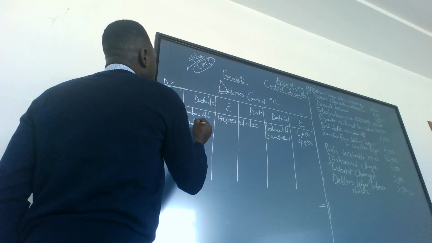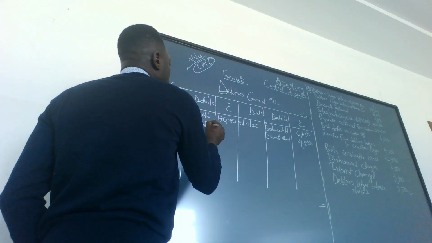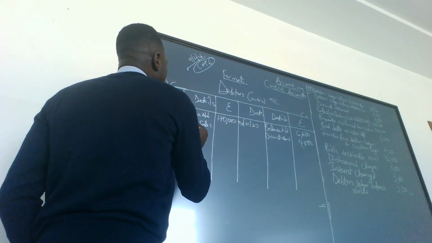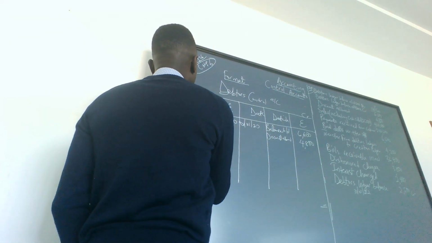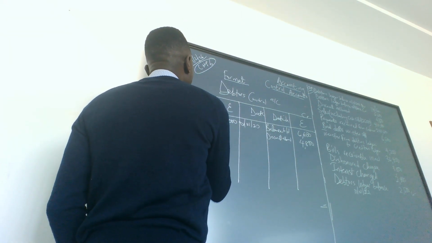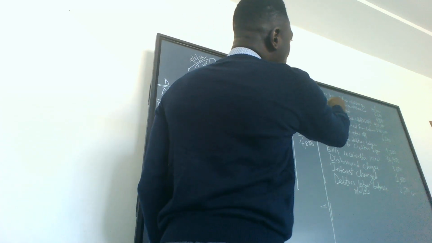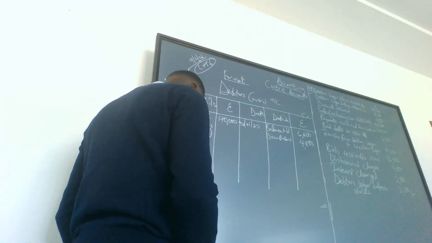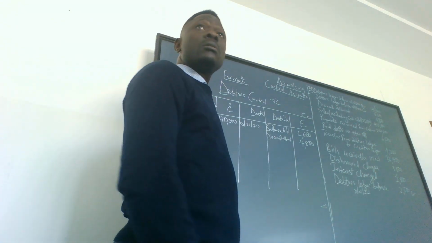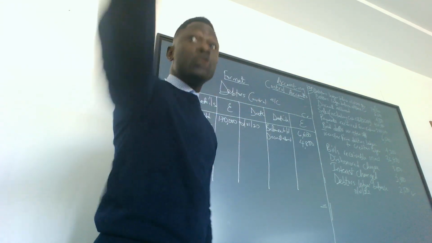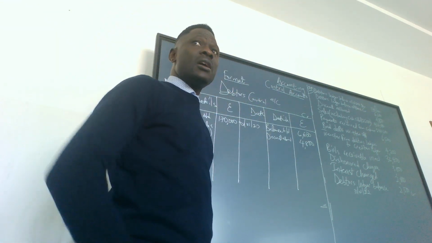Credit sales less 25,000. So take it away, please. 25,000 minus 410,000, what does it give you? Use a calculator, please. Don't use your head for me here.